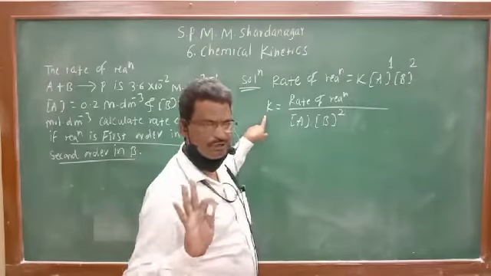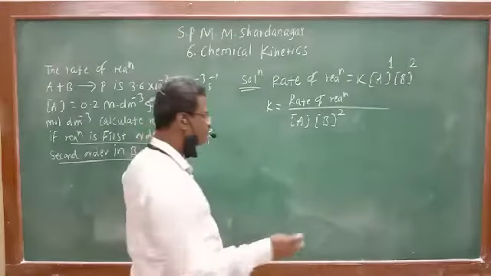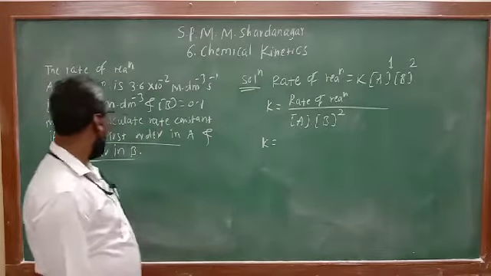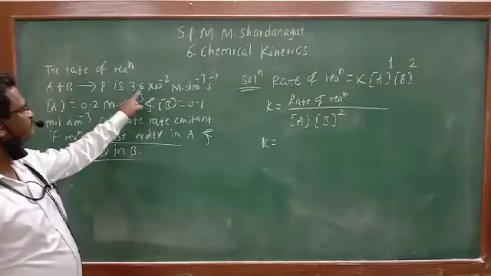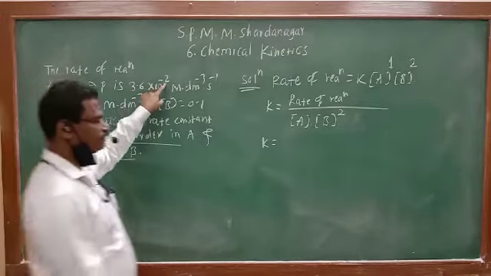So that is the rate constant. Just substitute the values and calculate the answer. So K is equal to the rate of reaction. They have given 3.6 into 10 raised to minus 2.